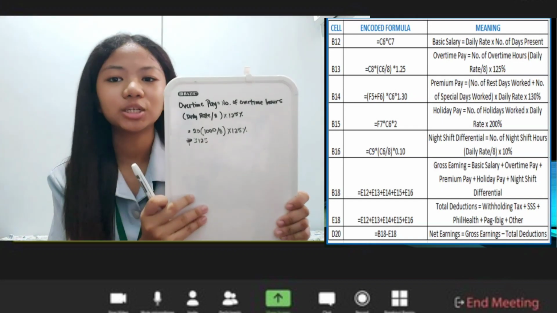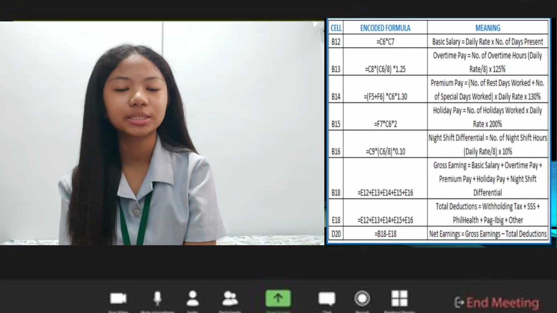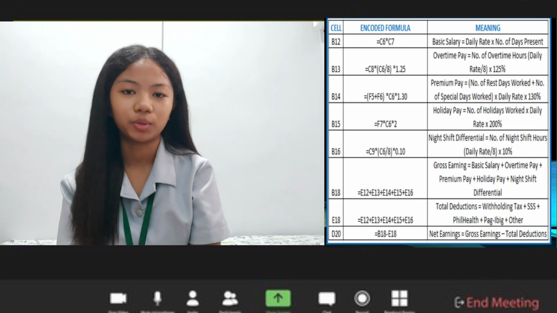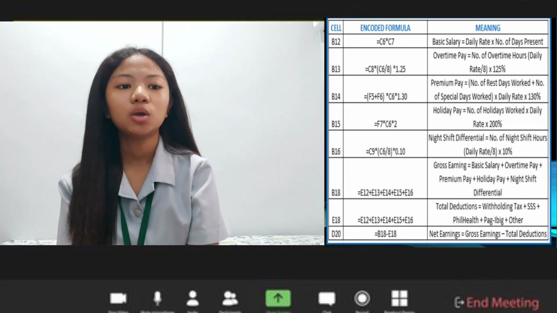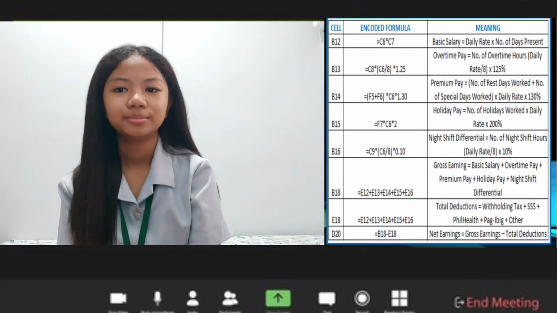So here is the solution. If you are using MS Excel, you need to encode the following formula: equal sign C8 asterisk open parenthesis C6 slash 8 close parenthesis asterisk 1.25.